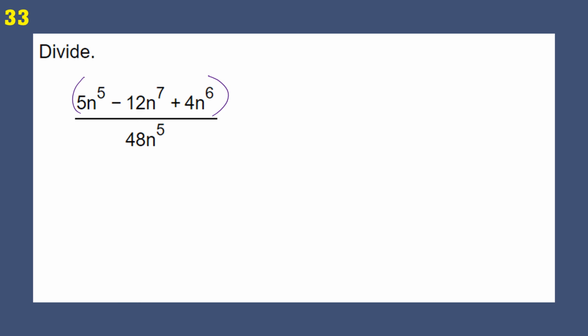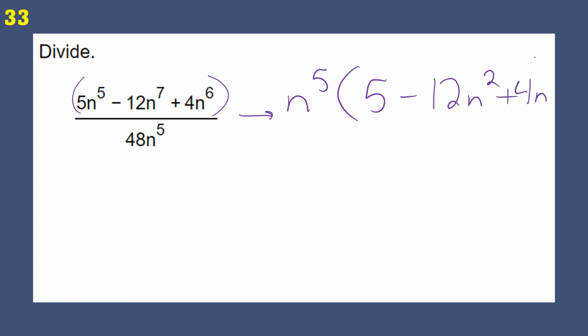So the answer is I can't take any of the numbers out of all 3 of them. But all 3 of them on top have an n with an exponent. So I can take an n to the 5th power out of all 3 of them. That would leave me with 5 minus 12n squared plus 4n, just like that.